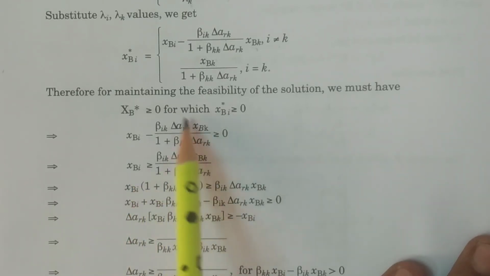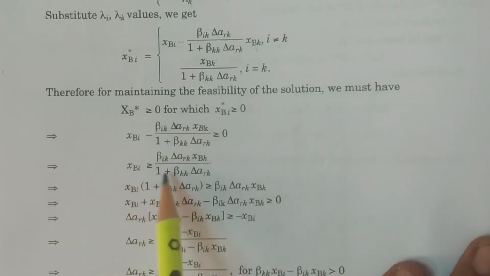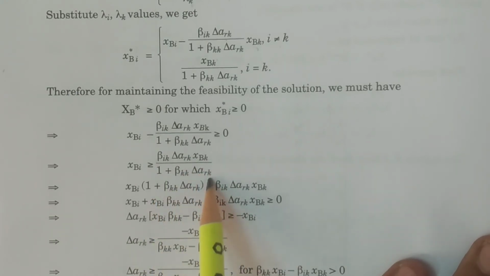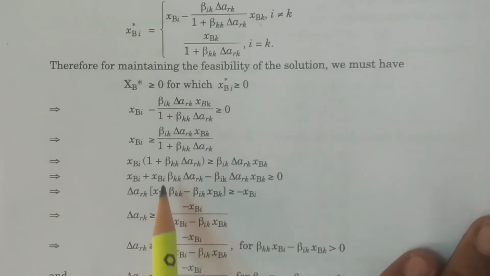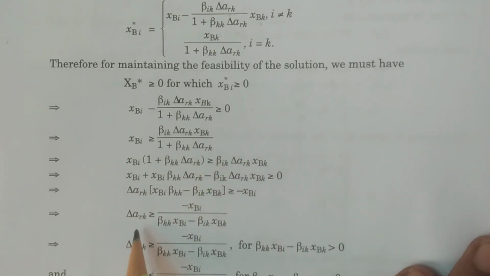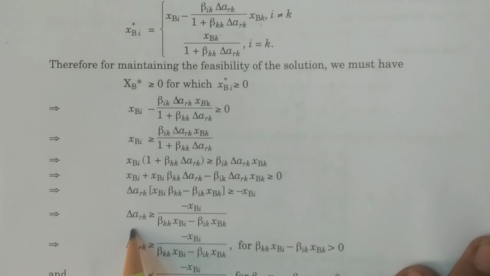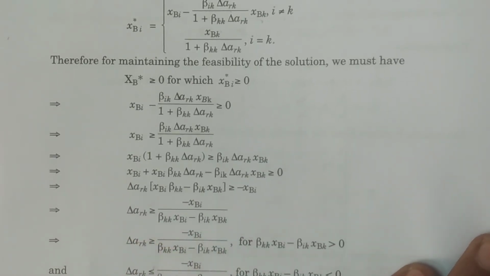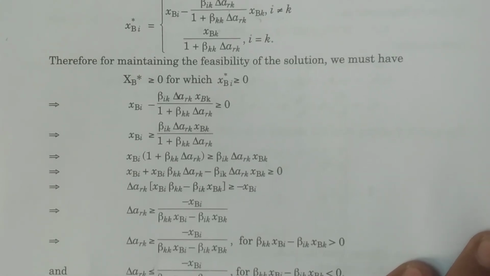Then, taking this term to the right hand side, xbi is greater than or equal to beta ik delta rk xbk divided by 1 plus beta kk delta rk. What you have to calculate is the range of delta rk. This is our intention: what would be the range of values of delta rk so that feasibility is not changed.